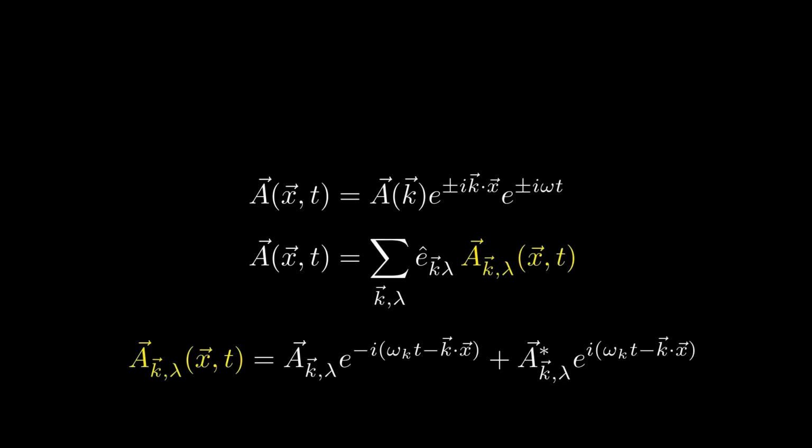The a k lambda of x and t contain the exponential functions. Also note that the a k lambda next to the exponentials are numerical coefficients and not functions of position or time. It is useful to take e hat k lambda as directions of circular polarization instead of linear.